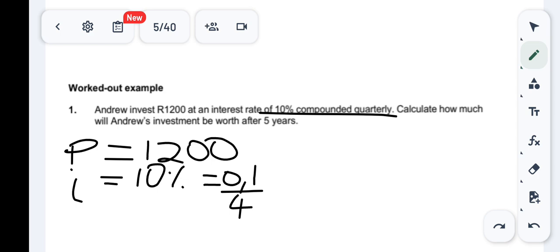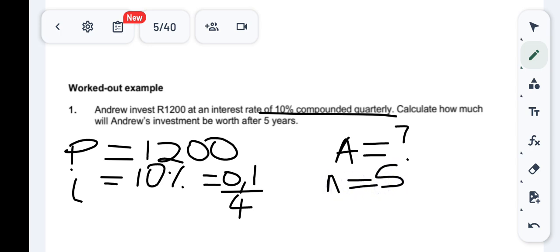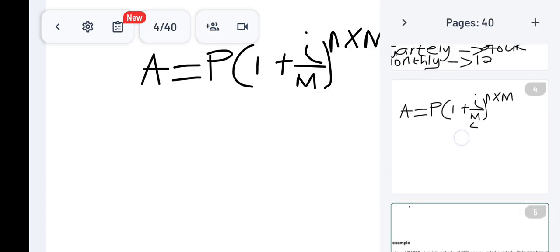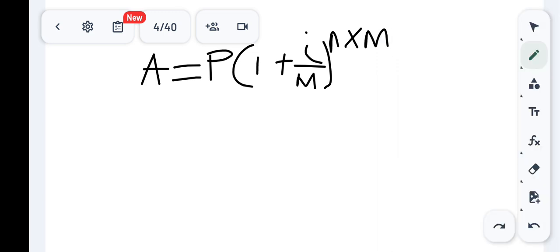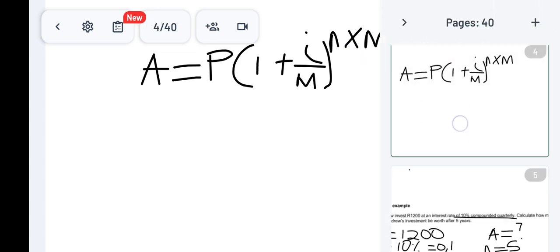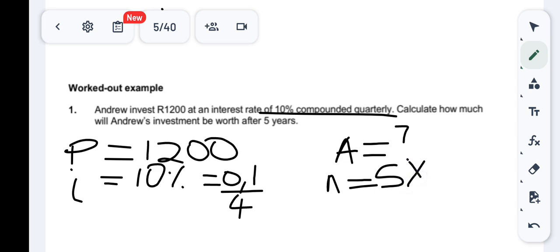So we are looking for the accumulated amount, your final value, after 5 years. We've got n, which is 5, but remember, compounded quarterly, so we multiply the compounding period by the number of years. When you multiply 5 by 4, you will get 20.